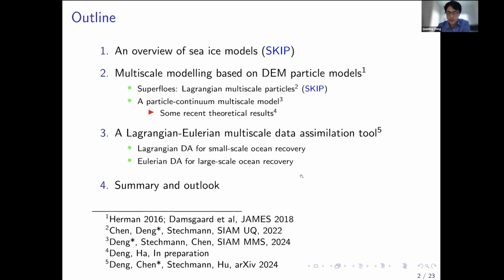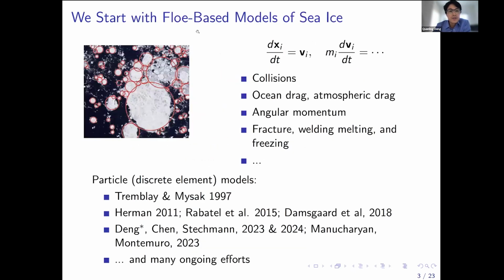So we start with this: say we have some marginal ice zone, take some images, and then use idealized CIS flows to approximate the ice particles or floes with some larger floe cylinders. Basically here we are looking at all cylinders, and then using Newton's second law to model each of the cylinders.